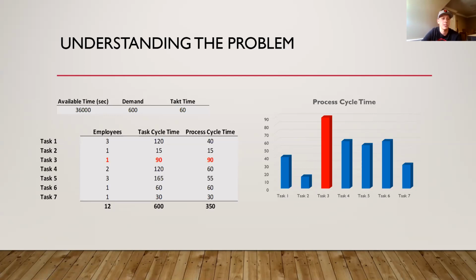What that also means is all of the other subsequent employees in tasks 1 through 2 or even 4 through 7 are also rushing in order to make up for lost ground that is occurring within task number 3. So I believe this is the root cause of the problem. We have one particular task which is just far overutilized, which is causing a lot of inefficiencies throughout the entire process.